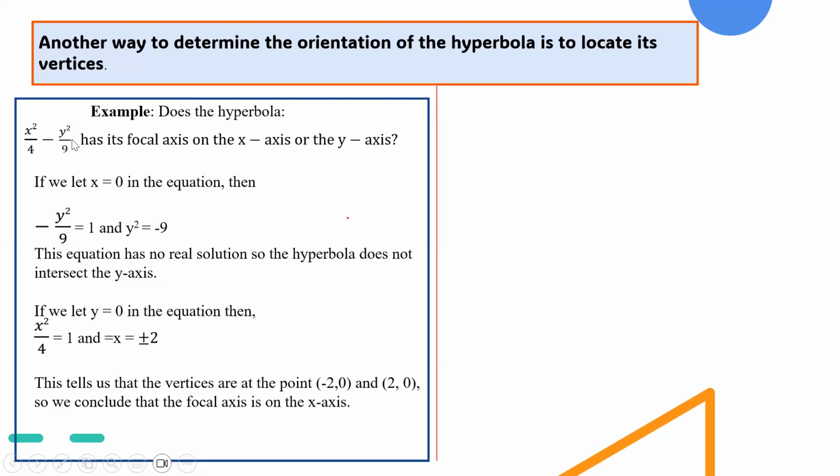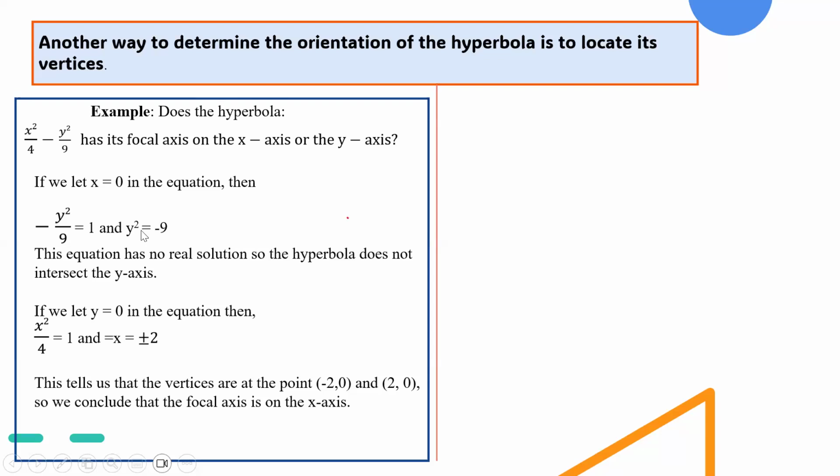So does the hyperbola x²/4 minus y²/9 have its focal axis on the x-axis or the y-axis? So this time we're going to let x equal 0 in the equation. So if x is equal to 0, then this whole term here disappears, right? So we're left with minus y²/9 is equal to 1.